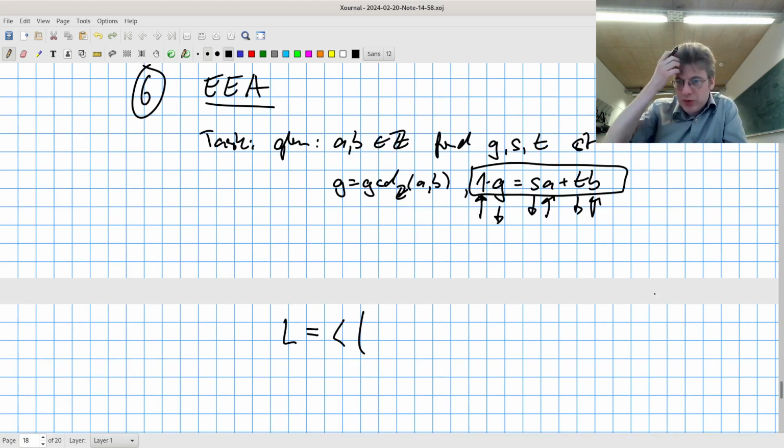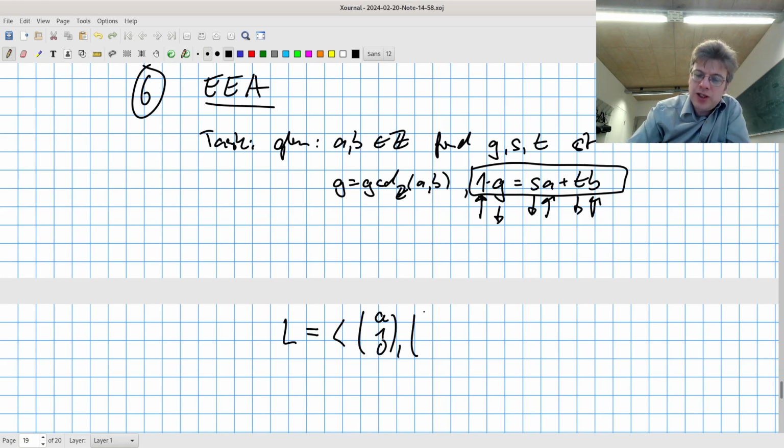I hesitated a bit because now we're doing it differently, but we look at A and B and all the linear combinations that you want to get. So you want to say A 1 0 and B 0 1 for any choice of S and T. This will contain the vector that has here S and T, and here it has SA plus TB.